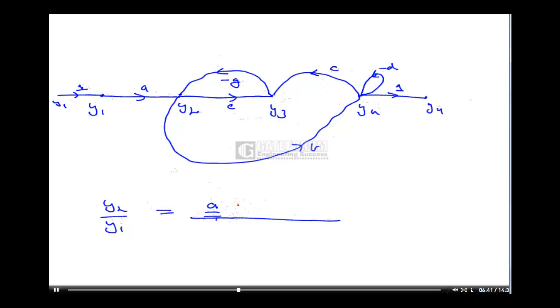A is one forward path, and the delta we have to find separately. To this forward path, is there any non-touching loop? Yes, it is there, and that is minus d. So 1 minus minus d. So this is A of 1 plus d upon delta.